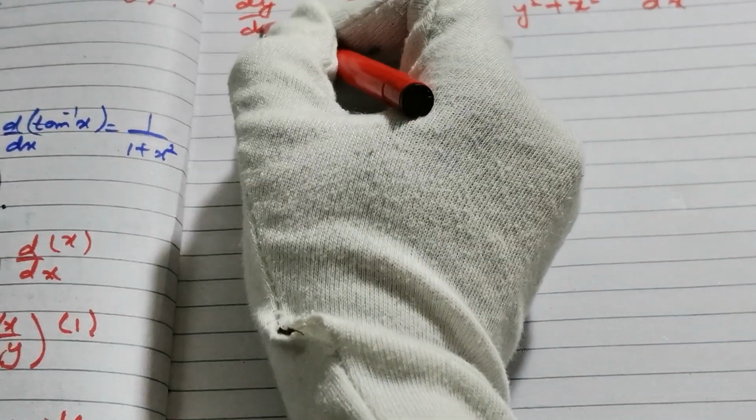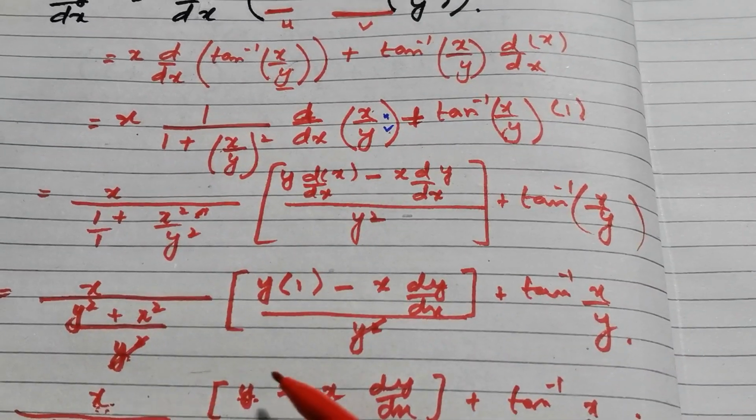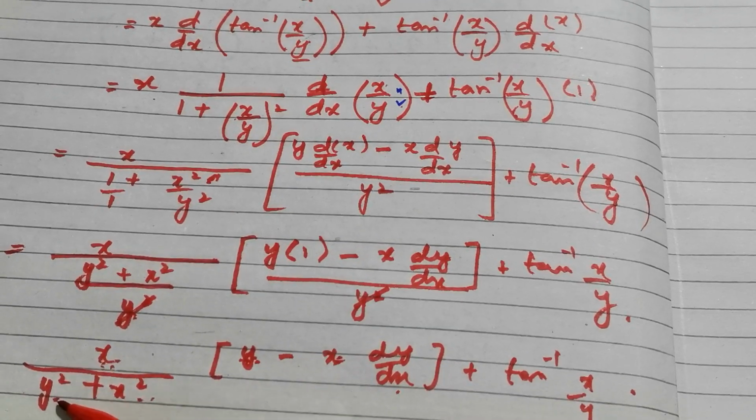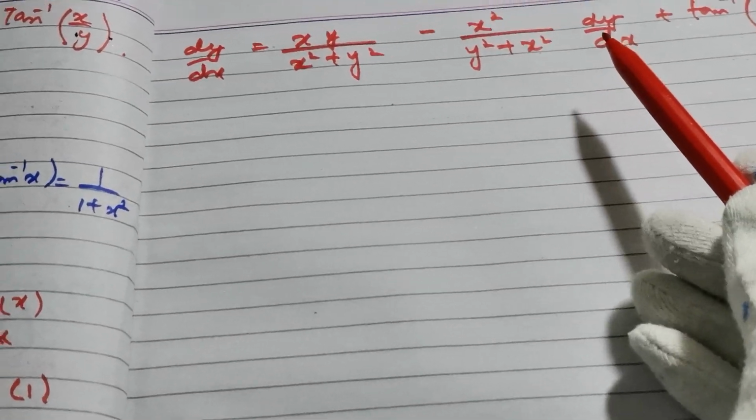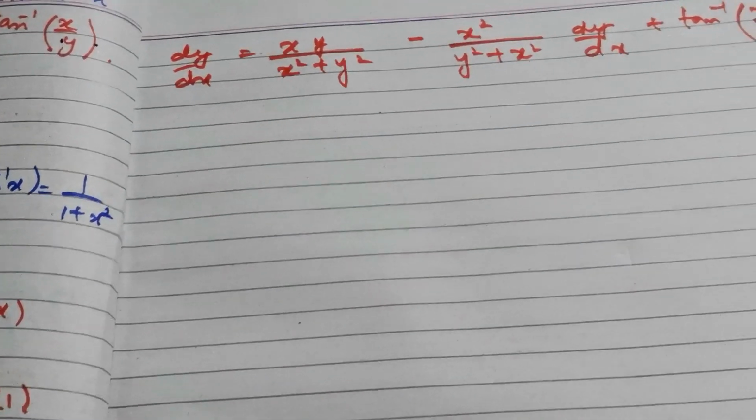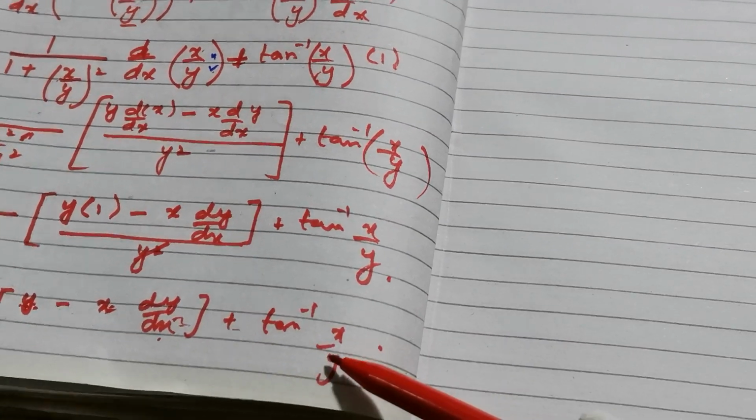This is dy/dx minus x squared divided by (y squared plus x squared) times dy/dx, plus tan inverse of (x/y) as it is.